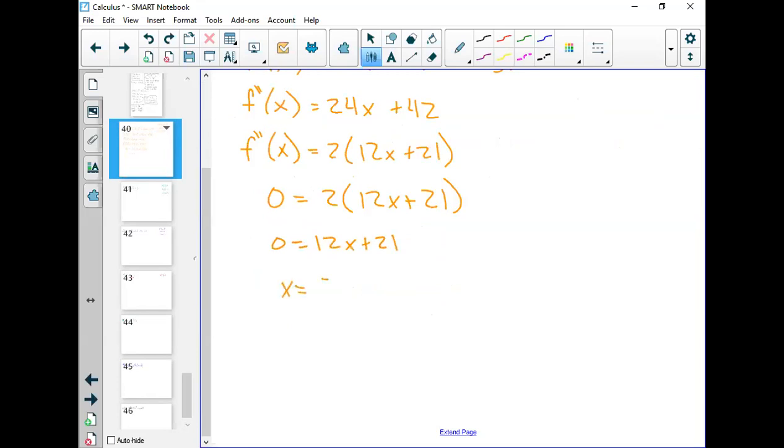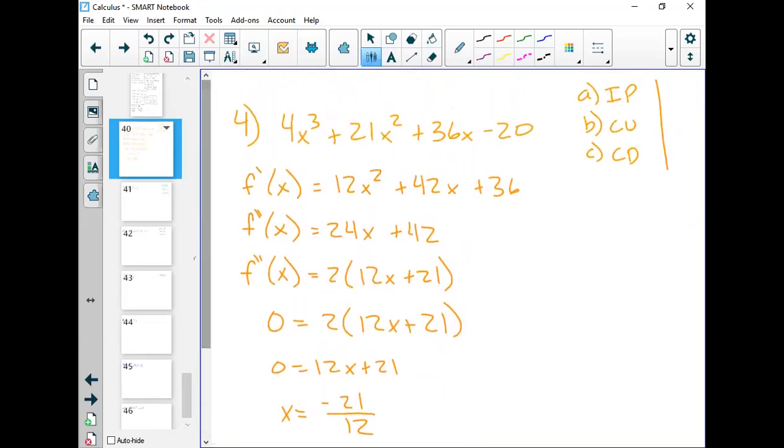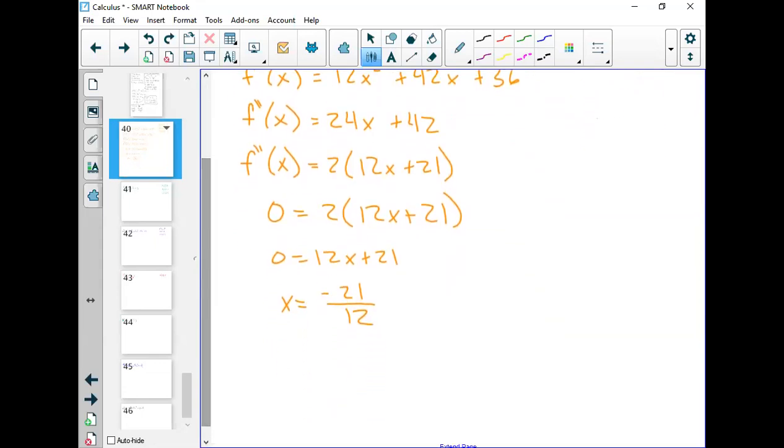X equals negative 21 over 12. And let's go back and check just to make sure I didn't do anything dumb. 3 times 4 is 12. 2 times 21 is 42. And the 36 doesn't matter. 24x plus 42. Factor out of 2. 12. 21. All right. Cool.